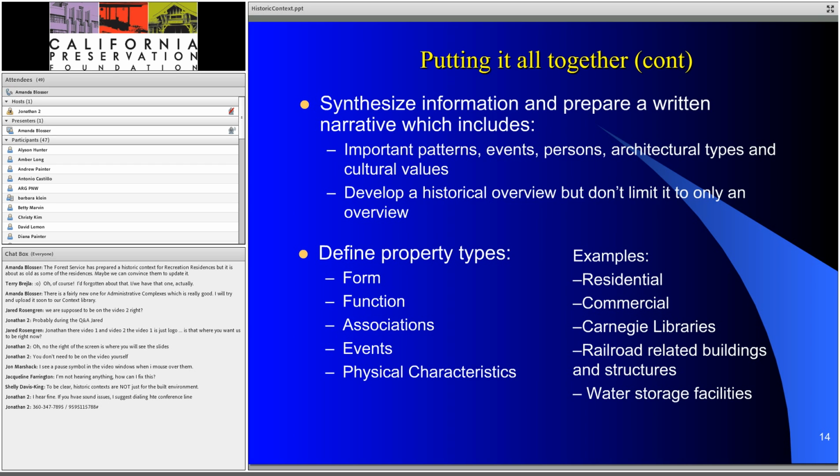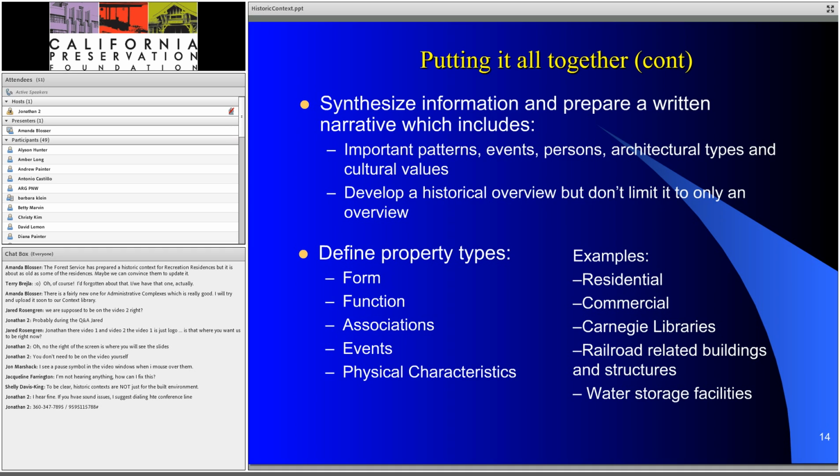And in order to broaden it so it's not just a historical overview, you're going to include some information about your property types. And those would be based on form, function, association, events, physical characteristics. Most of you are very familiar with them.